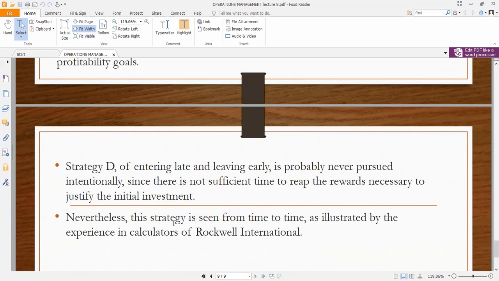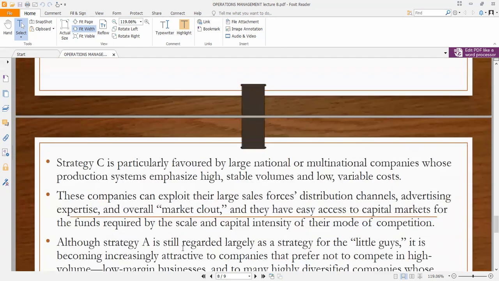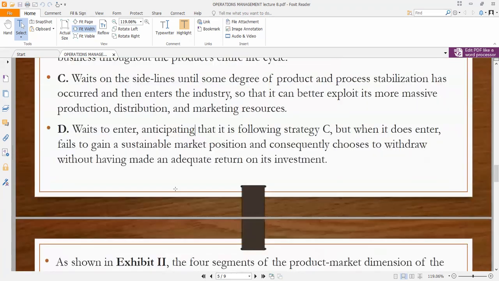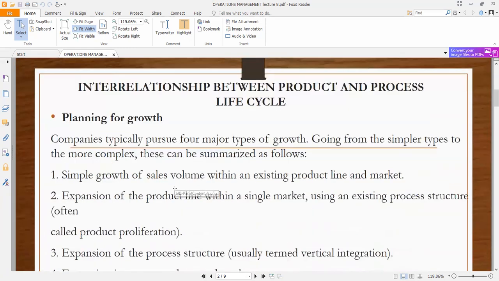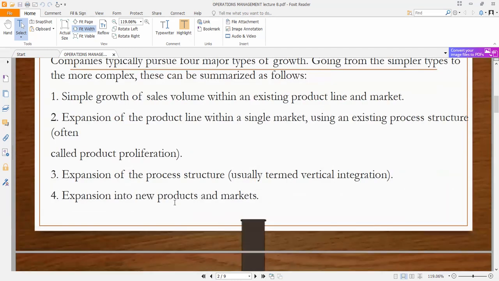Nevertheless, this strategy is seen from time to time, as illustrated by the experience in calculators of Rockwell International. Okay, so in summing up the entire lecture, we are saying that we have four types of decisions or growth strategies that are used by companies, which is simple growth, expansion of product line within a single market, expansion of the process structure, as well as expansion into new products.